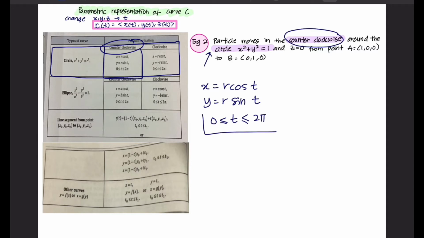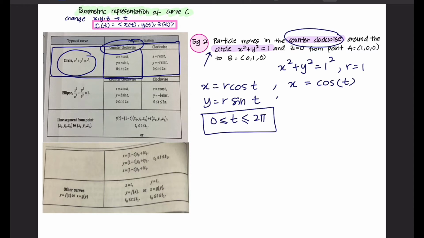So this limit is for one complete circle. For this question, x square plus y square equals 1. You can write this as 1 square, so R equals 1, where R is the radius of the circle. So substitute in the formula for x and y: x equals cos t because R equals 1, and y equals sin t.